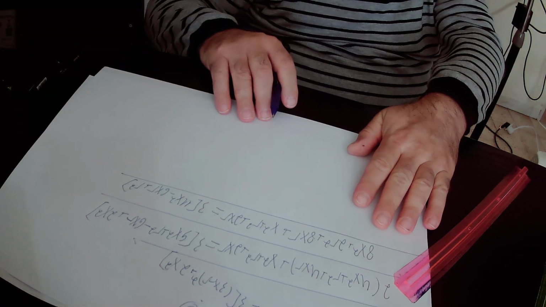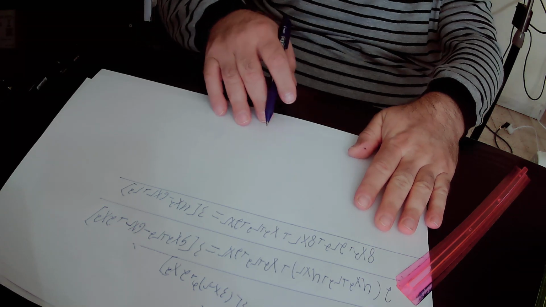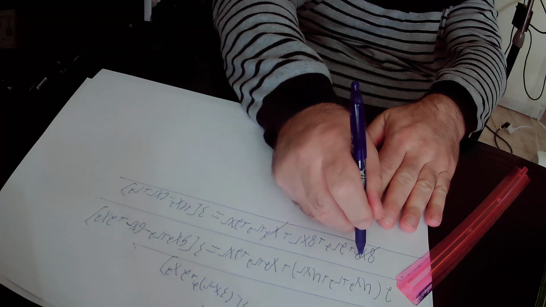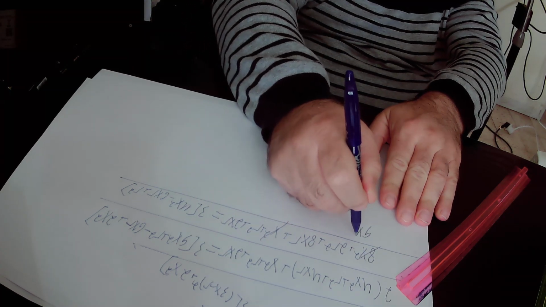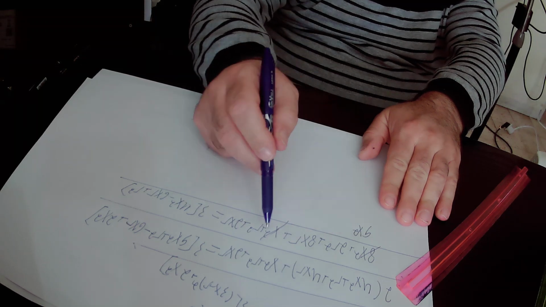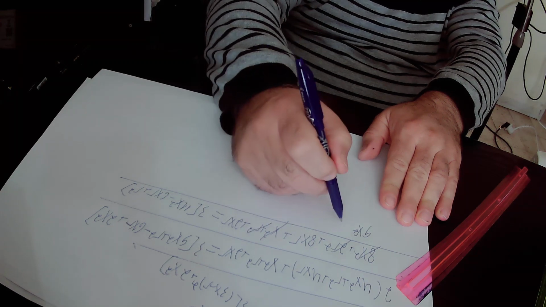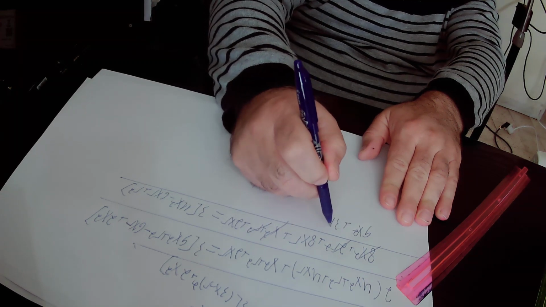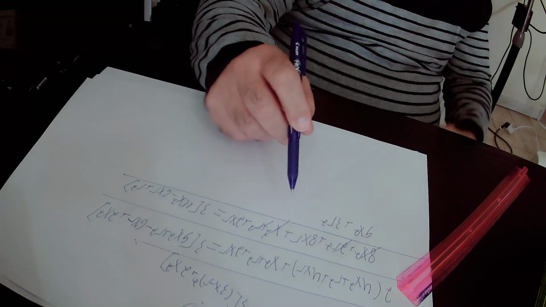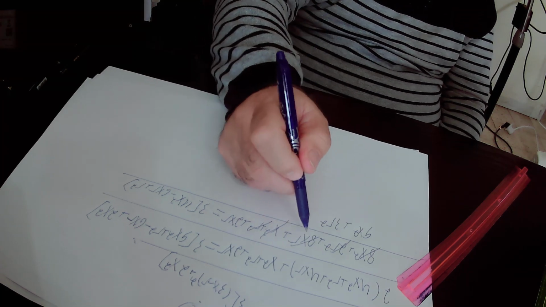So we have here 8x squared plus x squared is 9x squared, 2r squared plus r squared is 3r squared, and we have here 8xr plus 2xr is 10xr.